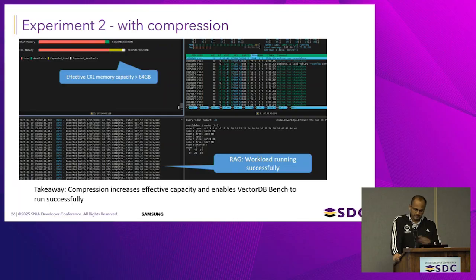It could go much beyond that, compared to the 64 GB of actual physical capacity earlier, and we are able to run the vector DB benchmarking instance successfully. So this experiment was conducted to verify the effectiveness of compression in certain workloads, and we also want to verify if the workload is impacted by the slower latency and so on.